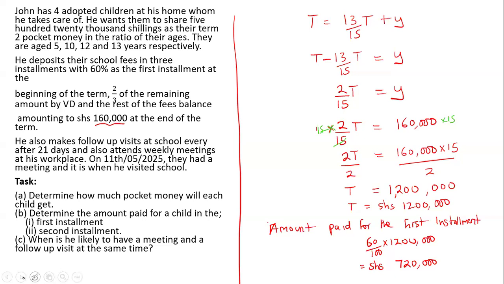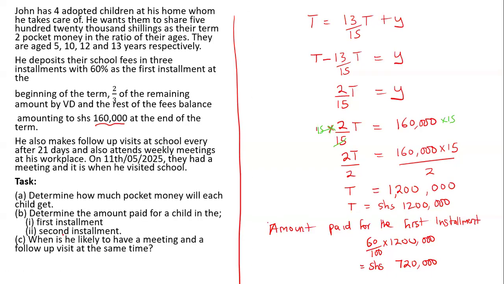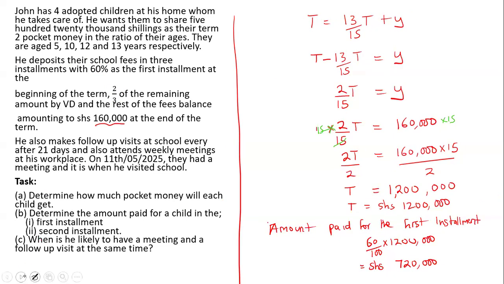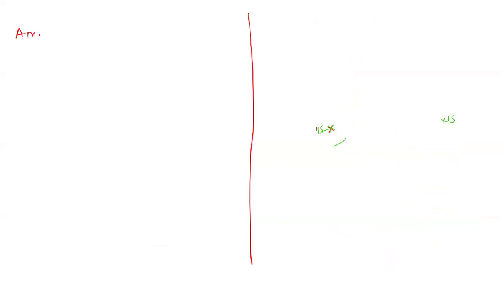Now, when I go to the second part, it requires me to find how much money he pays for the second installment. From our calculation, we notice that for the second installment, the amount of money he pays is 4 out of the 15 times that T. So I'm going to come here and I say amount paid for the second installment.